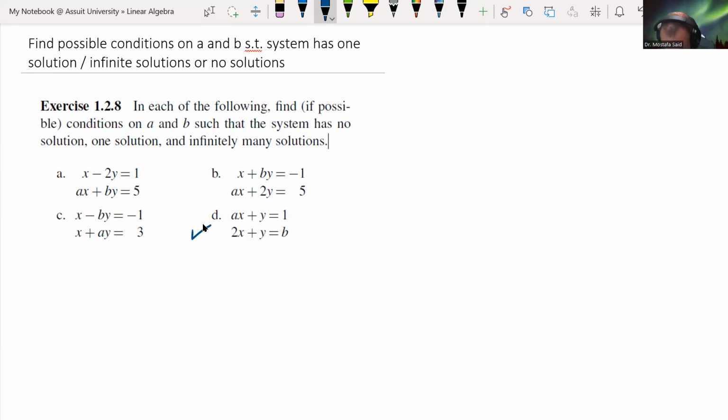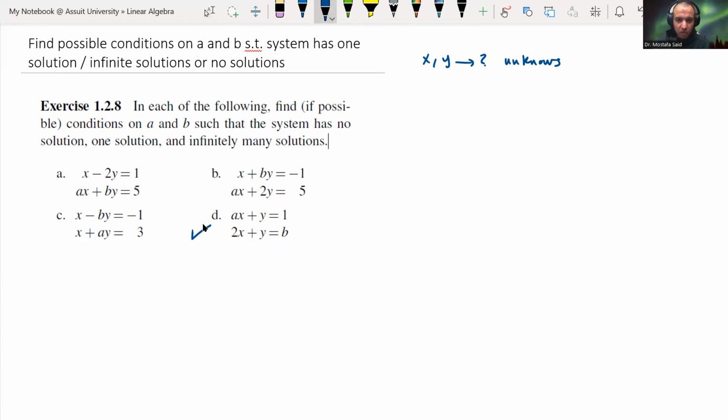So the system is ax plus y equal to 1 and 2x plus y equal to b. Basically, x and y are our unknowns. We can either find a unique value for x and y, or infinite values for x and y, or no solution at all.